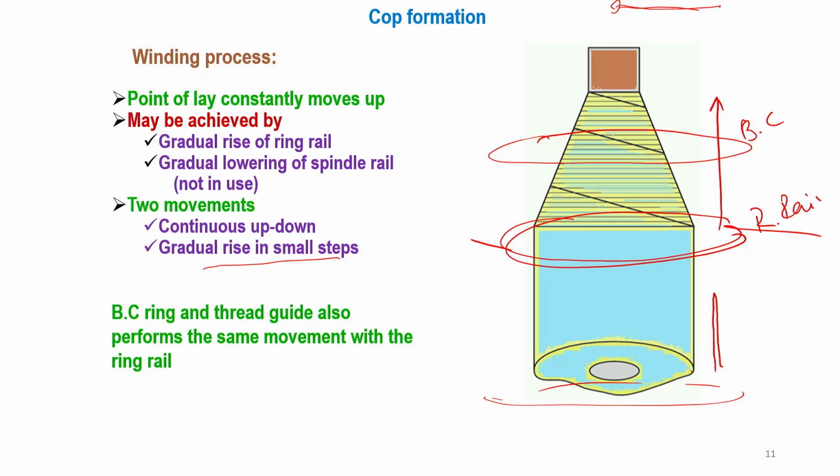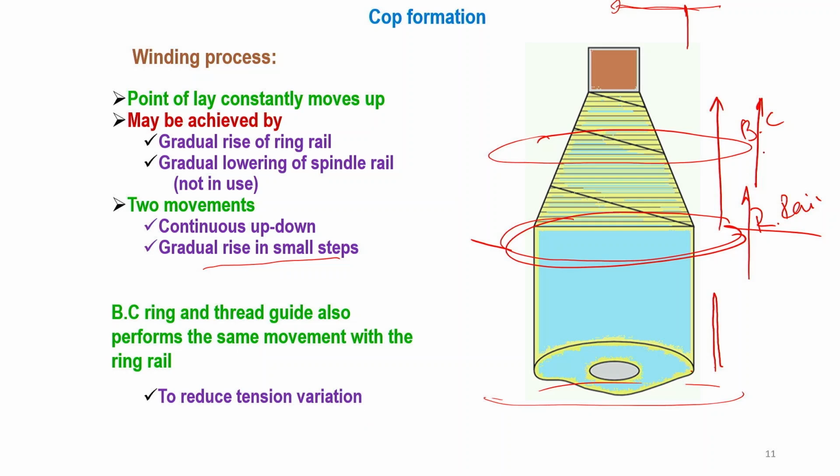These three have similar movement. When the ring rail moves up, the balloon control ring and thread guide will also move up, but the extent of movement is different to reduce the tension variation.